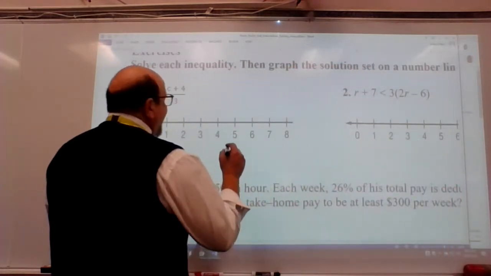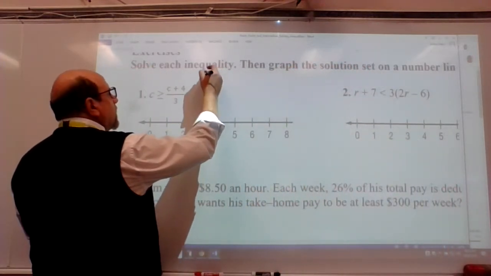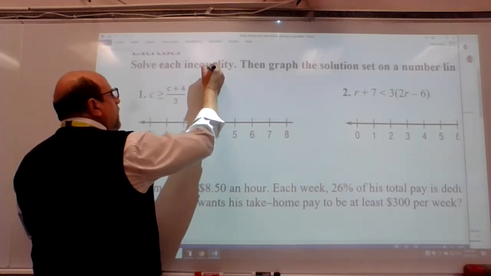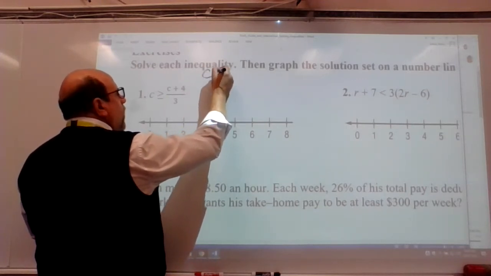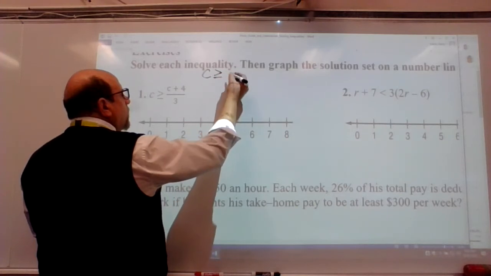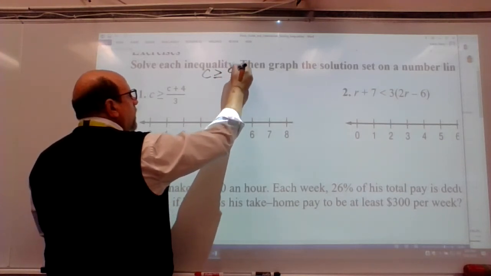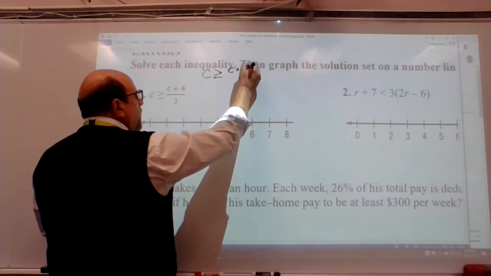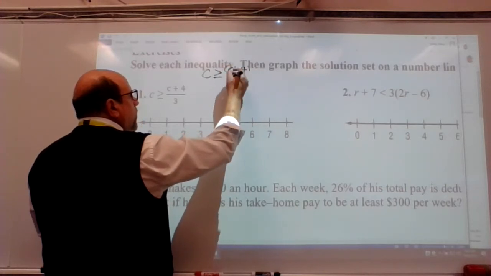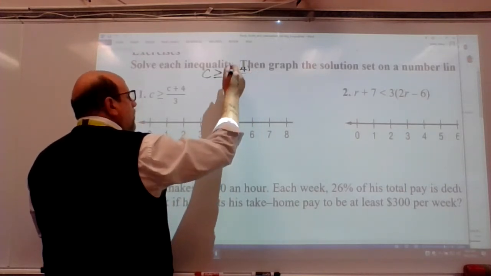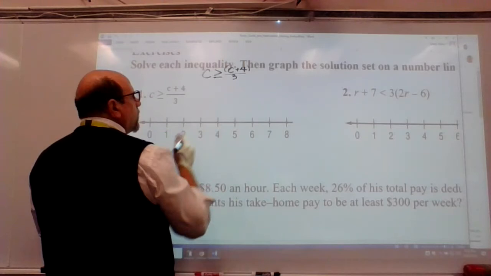So I apologize for acting like a fool, but here's my original inequality, greater than or equal to the quantity c plus 4, and this is a quantity unto itself. You can put it in parentheses just so that you remember it's a quantity unto itself.